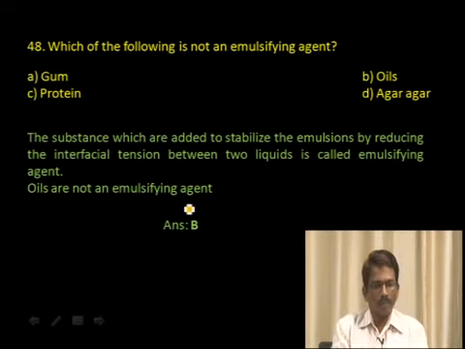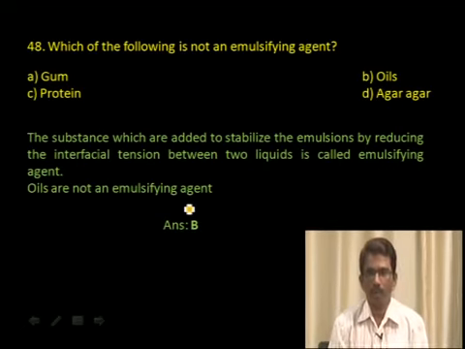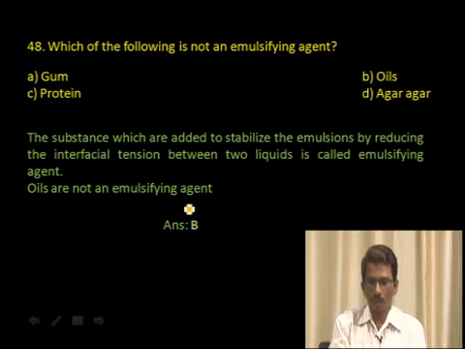In question number 48, which of the following is not an emulsifying agent? The options are gum, oils, protein, agar. Usually the substance which is added to stabilize emulsions is called an emulsifying agent. An emulsion is a colloidal solution in which one liquid is dispersed in another liquid, that is, both the dispersed phase and the dispersion medium are liquids.